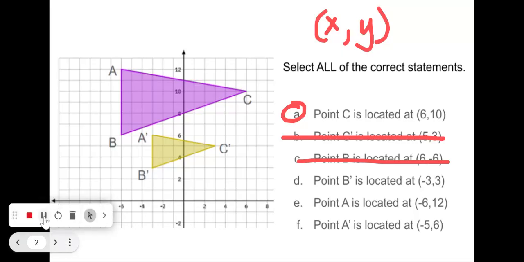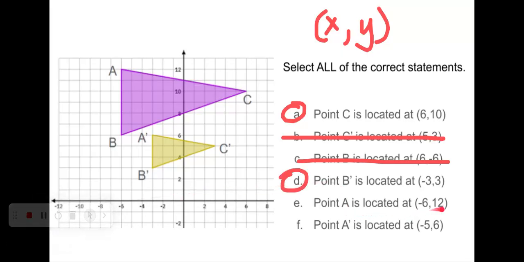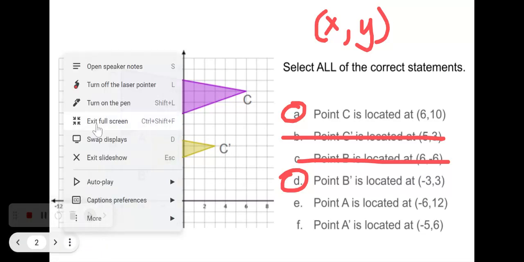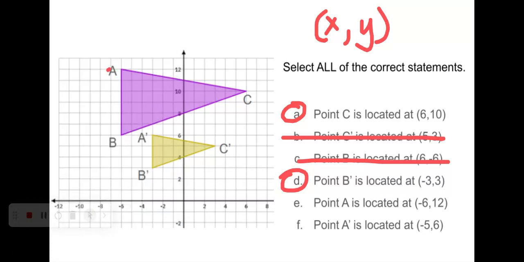Correct. Circle it. Okay, point A is located at (-6, 12). Point A: negative 6, left 6, and positive 12, go up 12. This is a little bit tricky. Let me mark this with a pen. This is (-6, 12), which looks like A, but that's just where the labeling is.